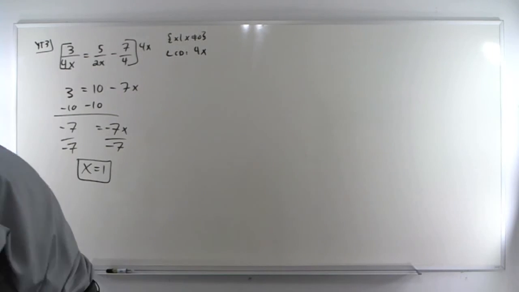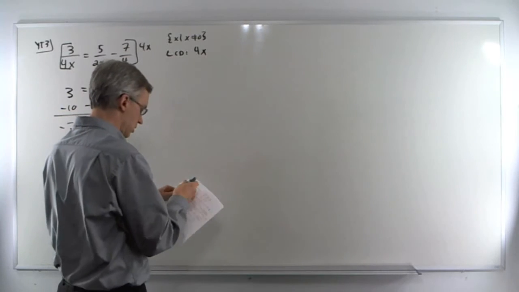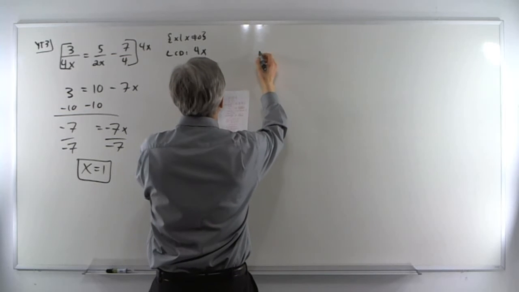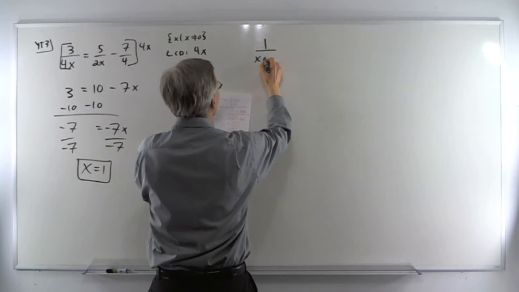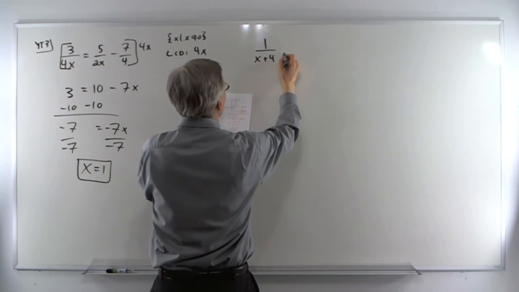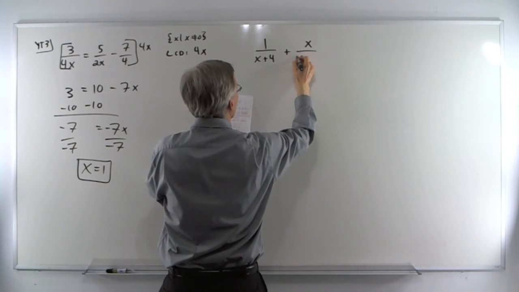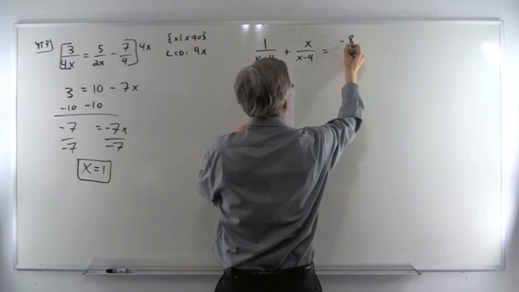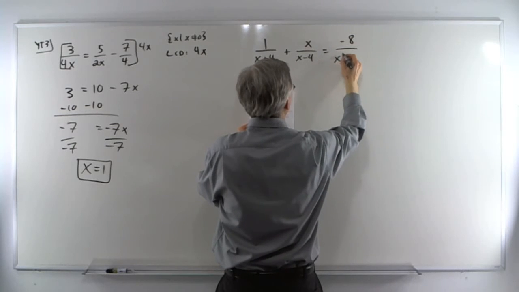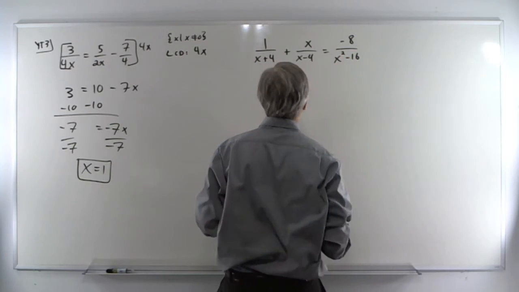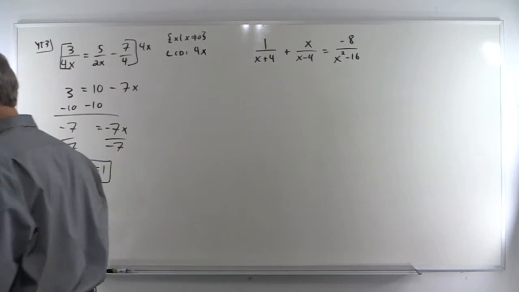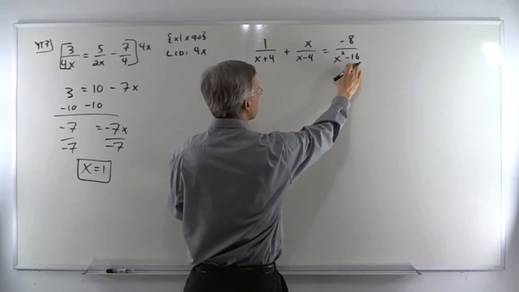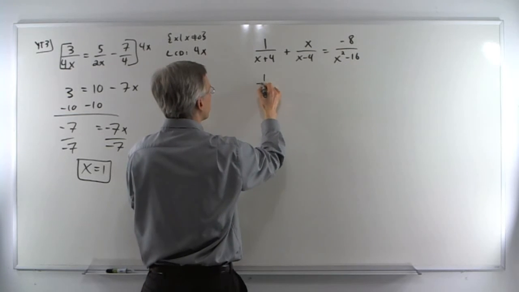Next up, factoring will often be required. So factoring difference of squares here, we're going to get x plus 4, x minus 4.